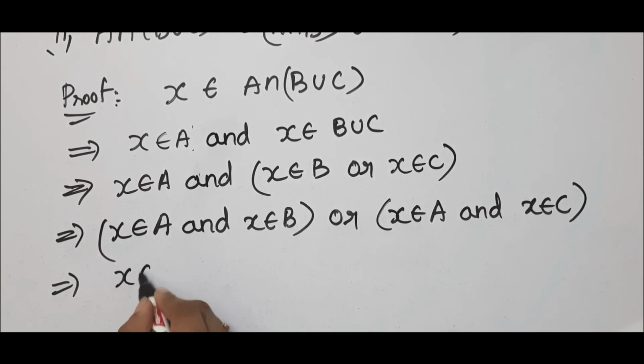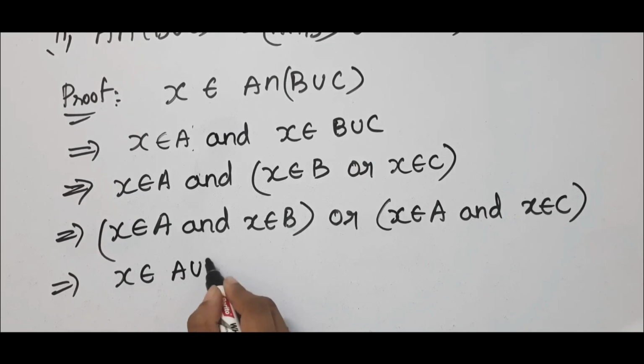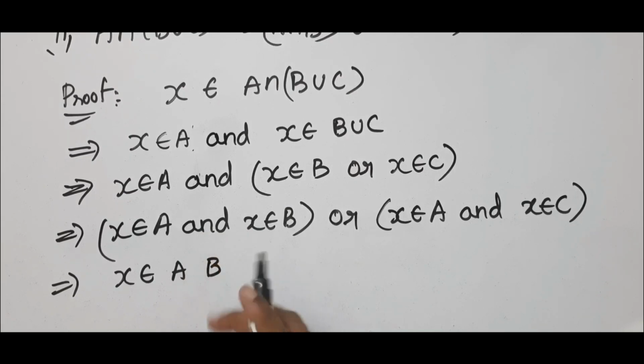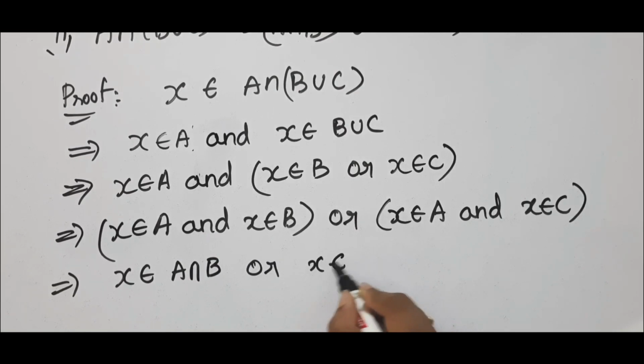So this can be written as X belongs to A, B. This is and, it is and, is it not? So we have to keep intersection. So A intersection B, or X belongs to A intersection C.